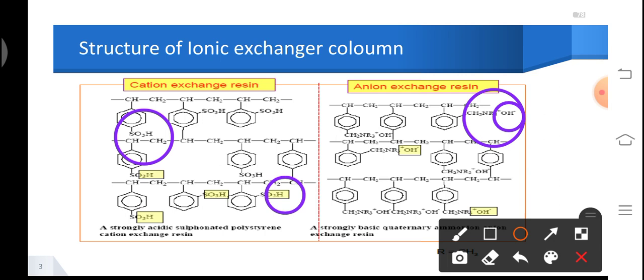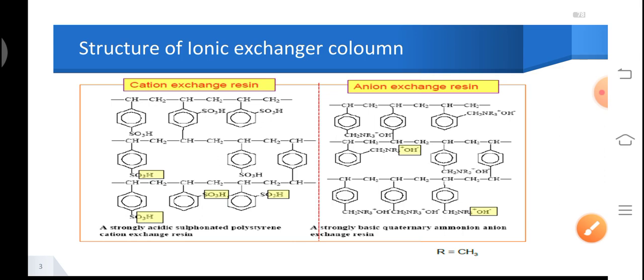So they are exchanged by hydroxyl ions which are attached to the anion exchanger group. So this is the structure of the resin. Cation exchanger and anion exchanger are both styrene divinyl benzene copolymers, and both have a different functional group attached. Cation exchanger has an acidic functional group, whereas anion exchanger has a basic functional group.